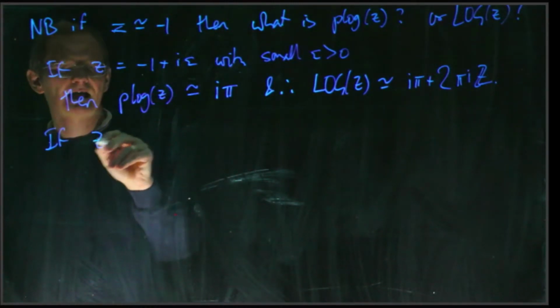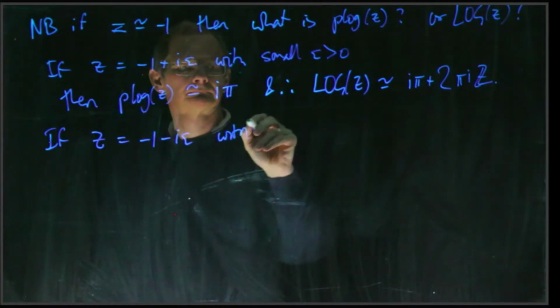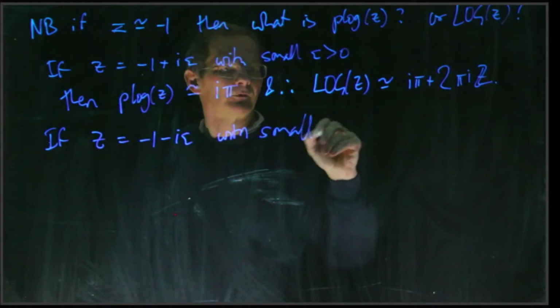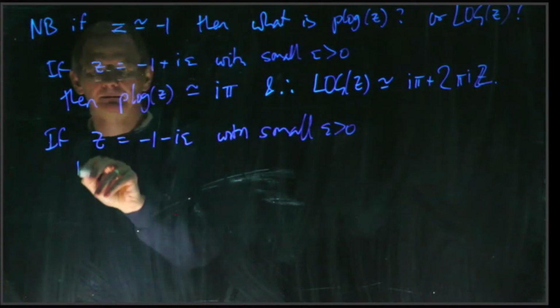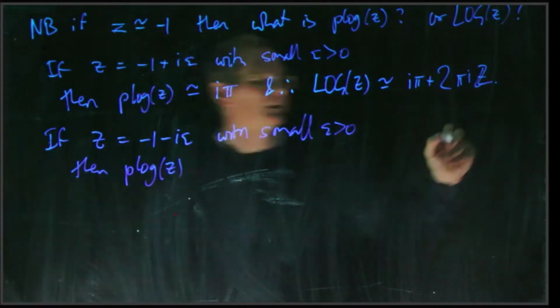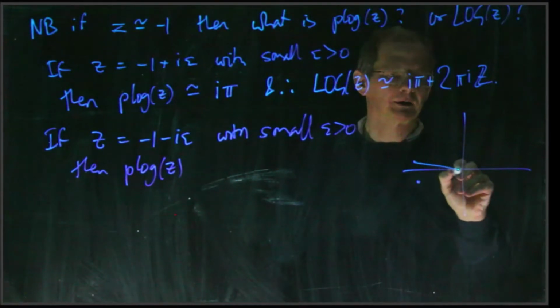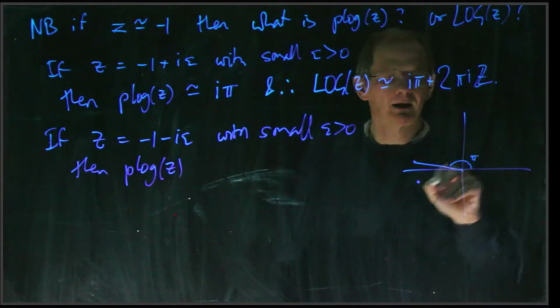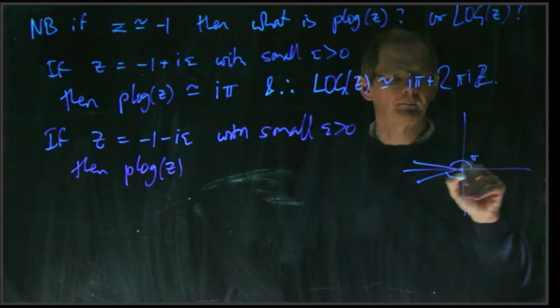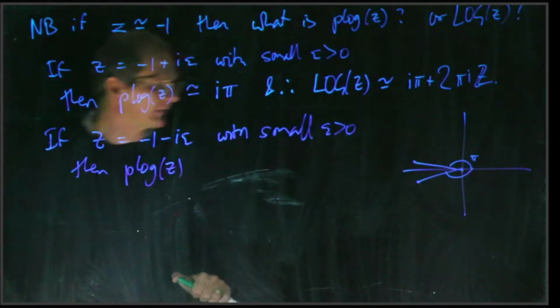And if z is minus 1 minus i epsilon, again with small positive epsilon, then in the first case we were looking at a point up here where you've got approximately i pi, and now we're below the line, and remember we force theta to be in the range between minus pi and plus pi.